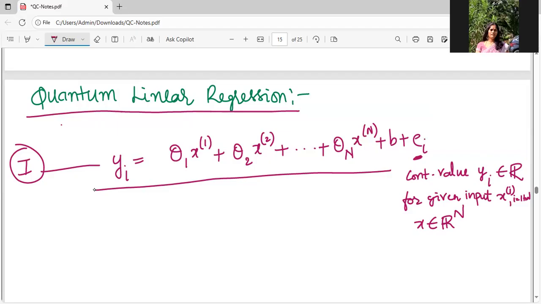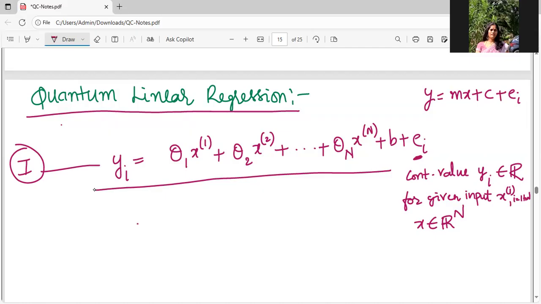Hence, there will be error also. If I write it like this, it is y equals mx plus c kind, linear. An error is involved because I am talking only about n values. There can be n plus 1 and above. Hence arises my error. Now this is the equation given by 1.